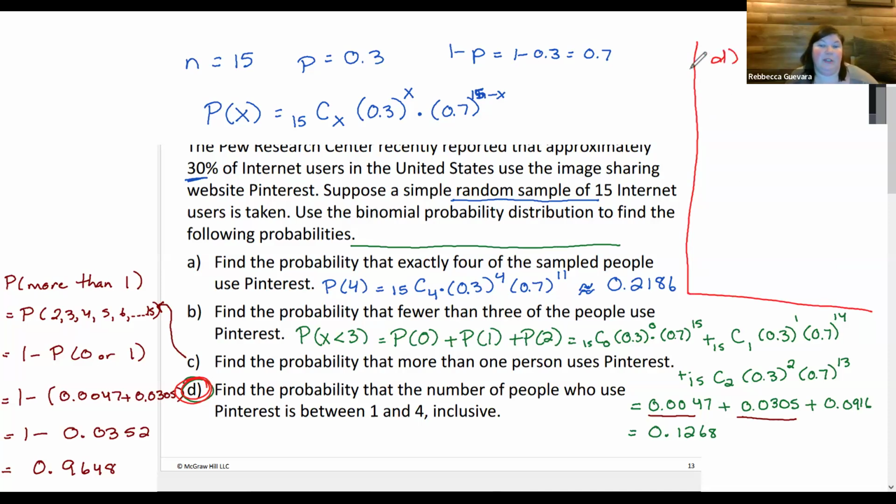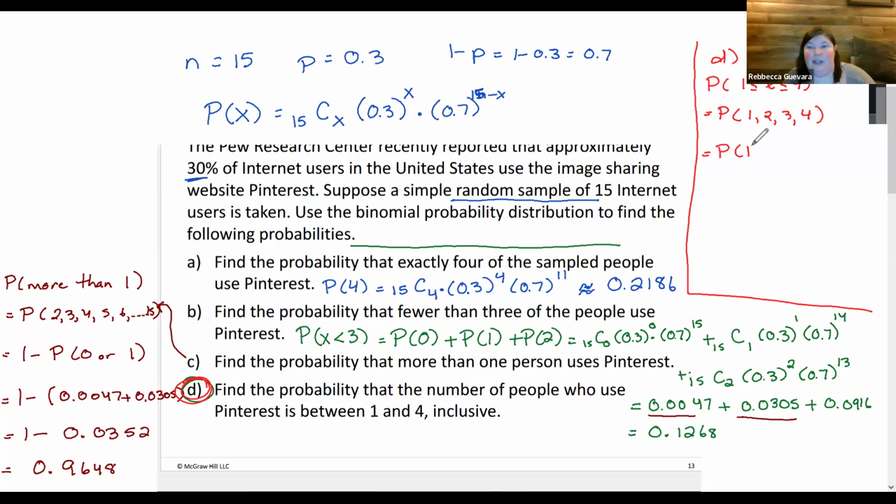So D was the probability that people use Pinterest between 1 and 4 inclusively. So look at it this way, our random variable X is between 1 and 4, so the probability that X is going to be 1, 2, 3, or 4.